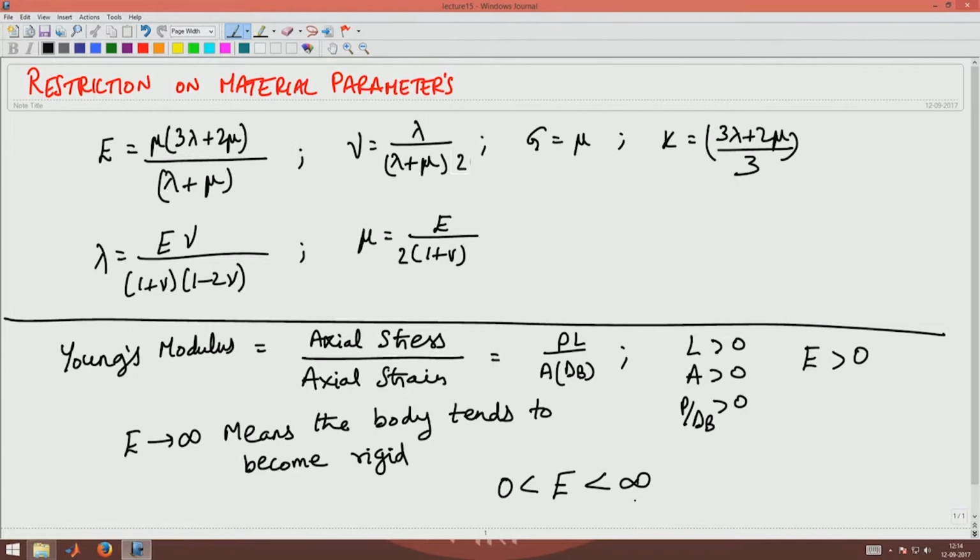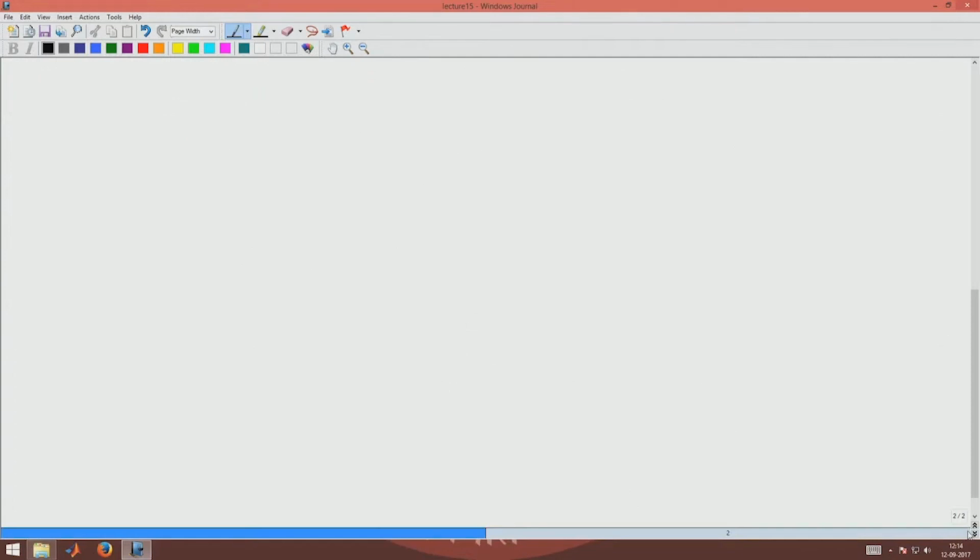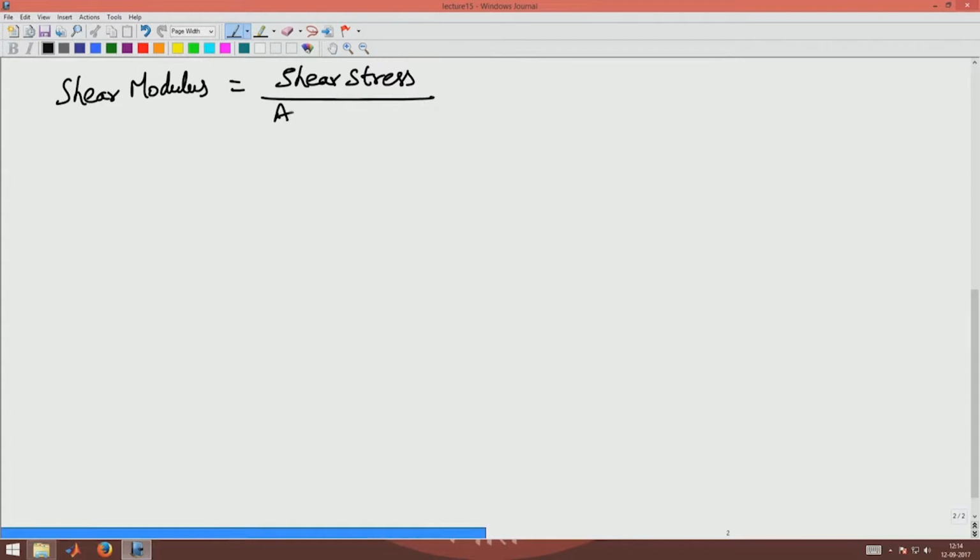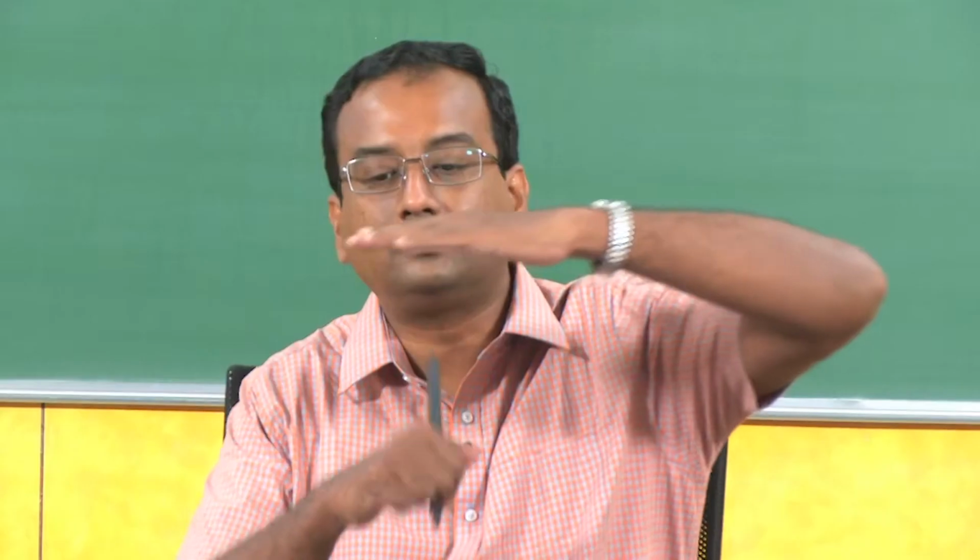A similar argument we make for the shear modulus. Shear modulus was defined as shear stress by angle change caused due to the shear stress. So a shear stress acting like this on a body should produce angle change in the direction of the stress, right. A shear stress acting like this should produce an angle change in the direction of the stress that is acting.